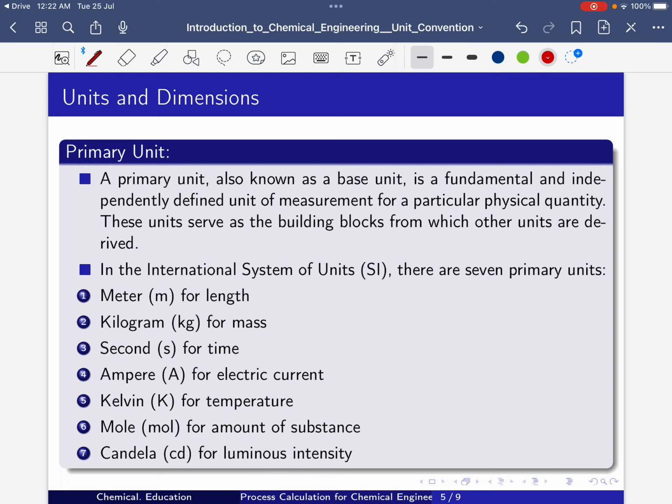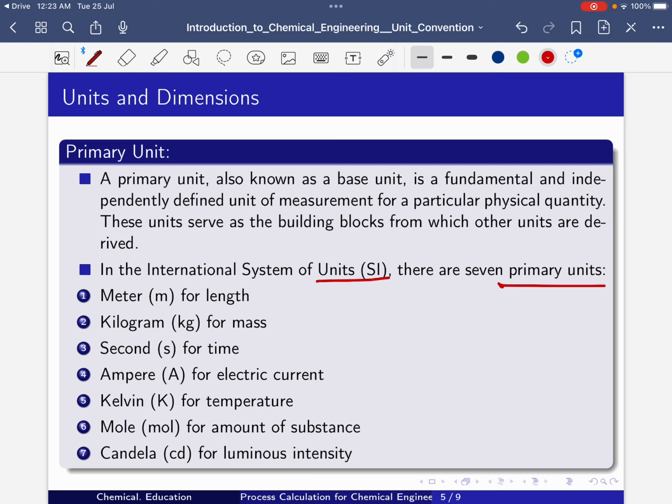In the international system of units, the SI unit, there are some primary units. The unit of length is meter. If we know how much 1 meter is, we can derive other units. For 1 kilometer, 1,000 times of 1 meter is 1 kilometer.